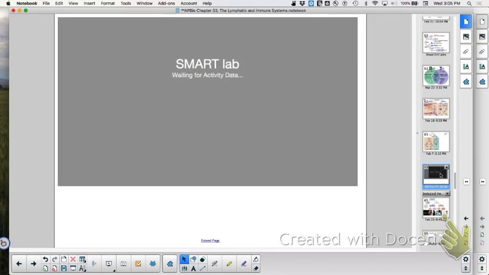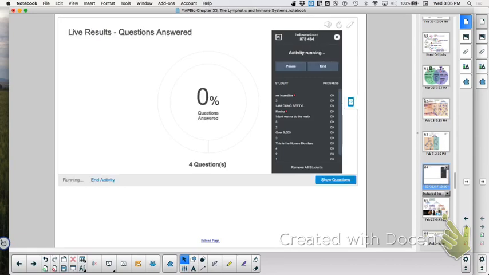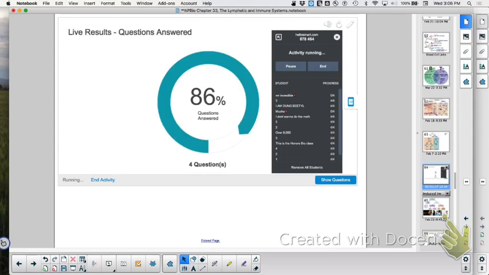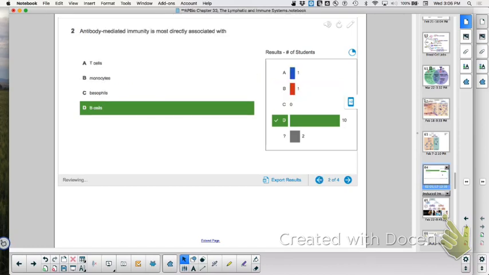I believe this is the one where there's a picture, but you don't need the picture. Okay, let's see. Yay, immature in the thymus. B cells. Okay, somebody selected T cells. Do T cells have anything to do with antibodies? No. Why are you picking that?